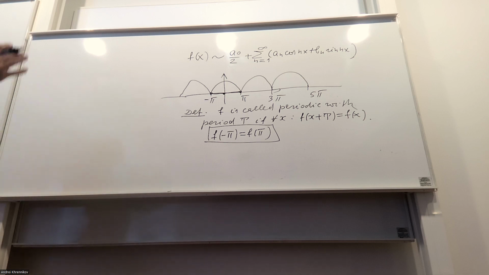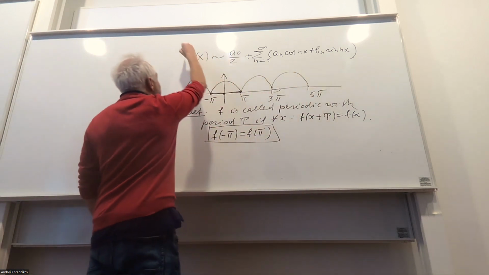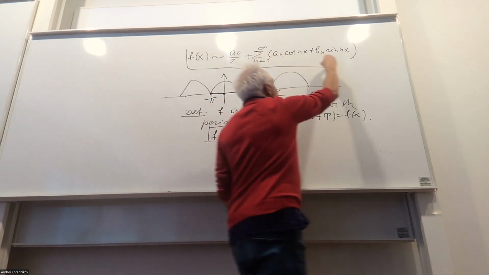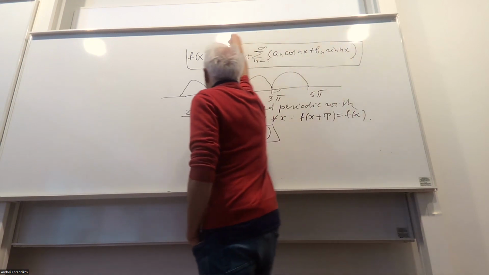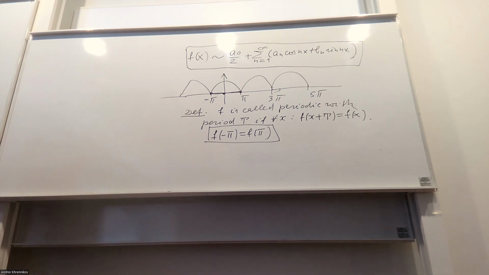And we now study whether a function which is periodic on the whole real line can be expanded in a Fourier series which converges at any point. So this is the formulation of the problem which was studied in real analysis.